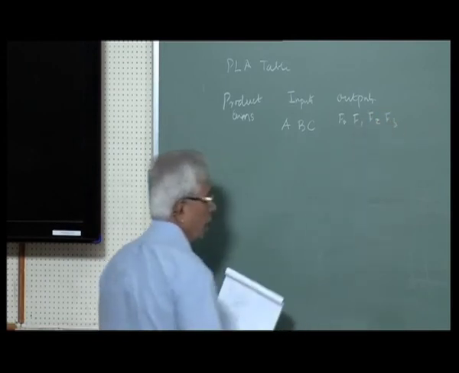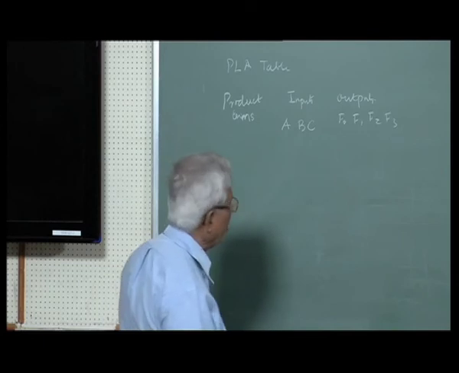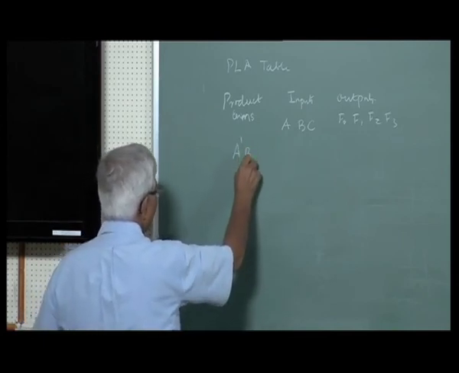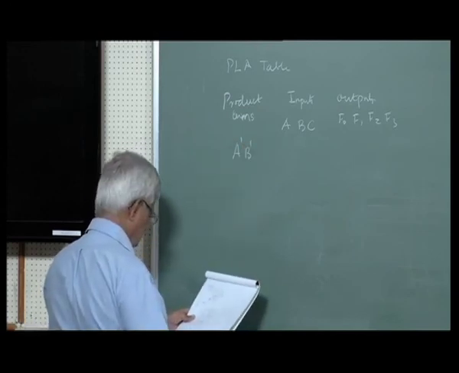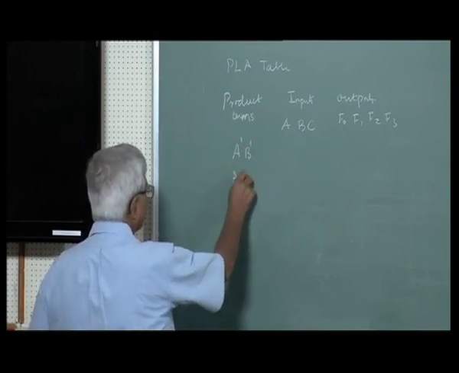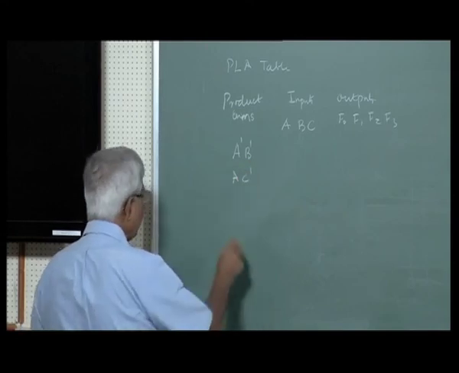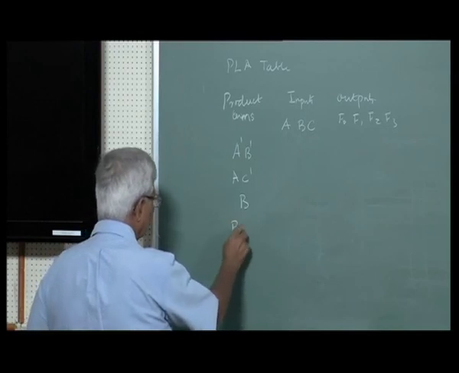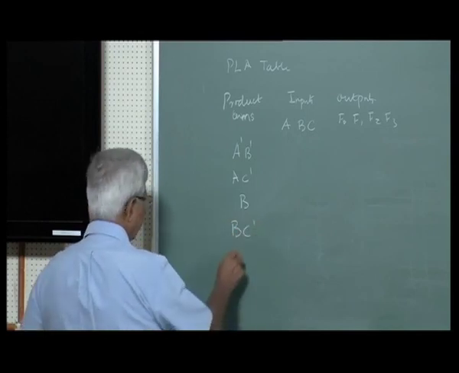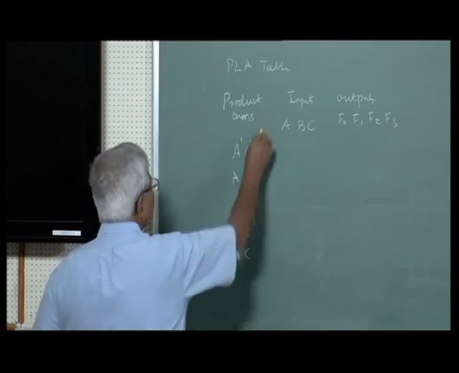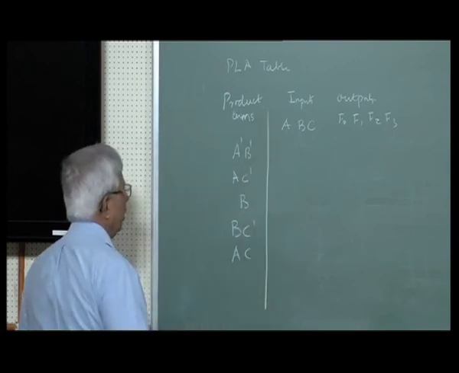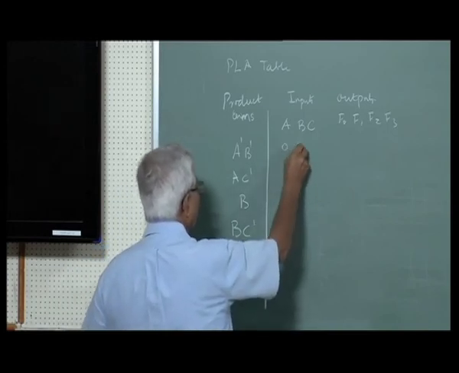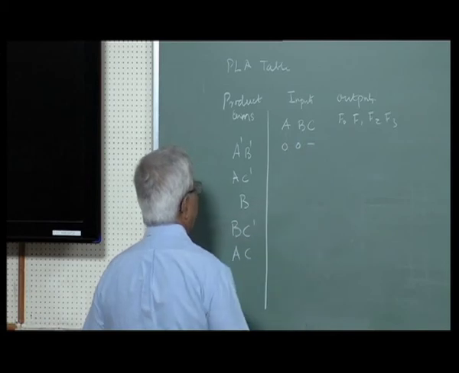The product terms are A bar B bar, AC bar, B, BC bar, AC. Now, A bar B bar. So A will be 0, B will be 0, C is not there in the first product term.